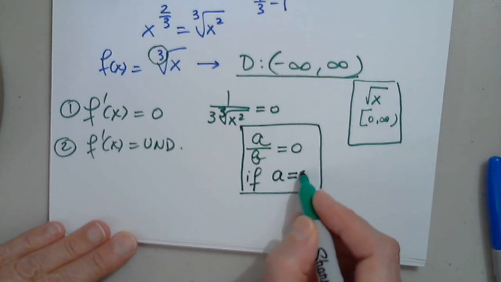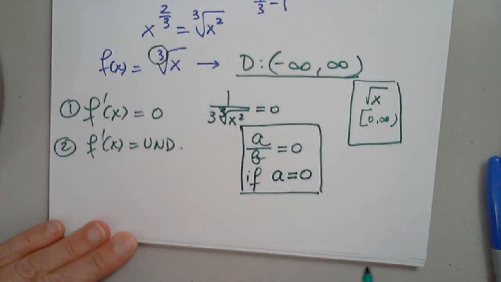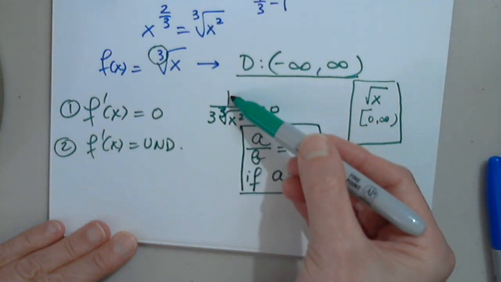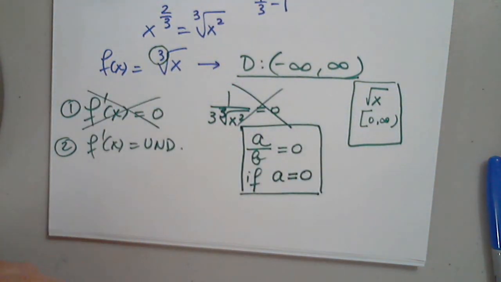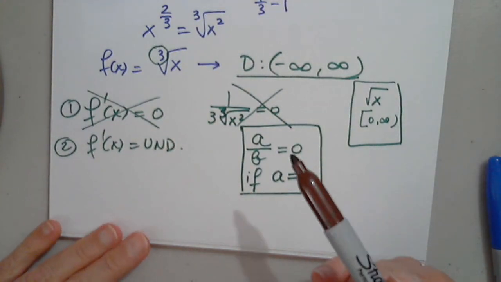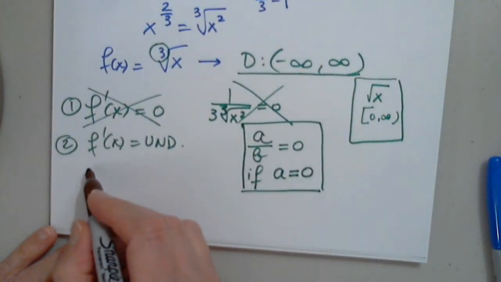Can a be 0? No. So no critical numbers will come from f prime being 0 for this function, because f prime will never be 0.